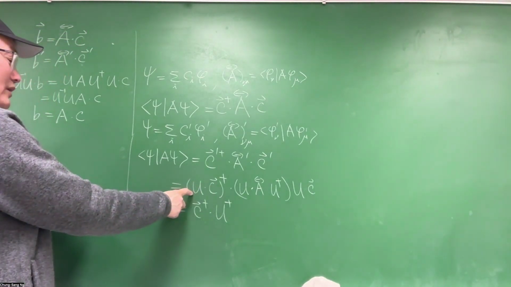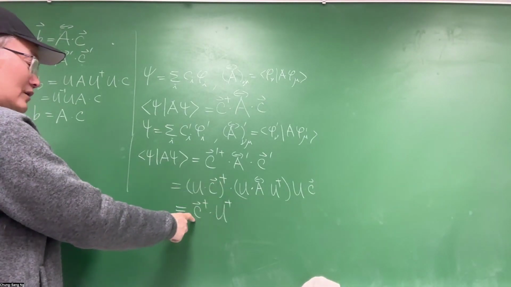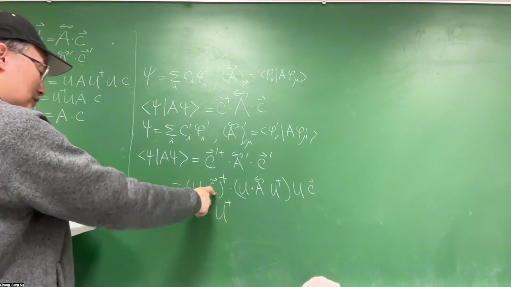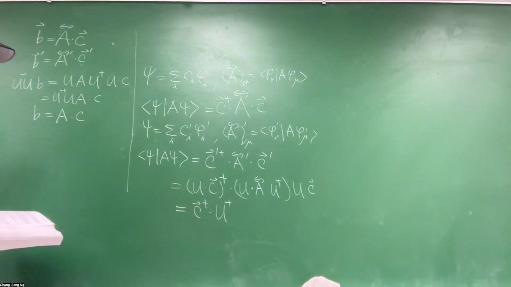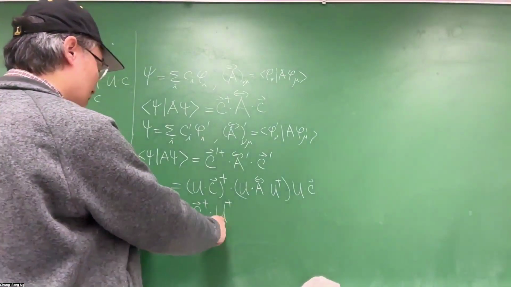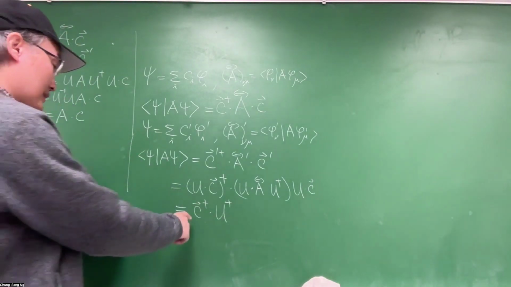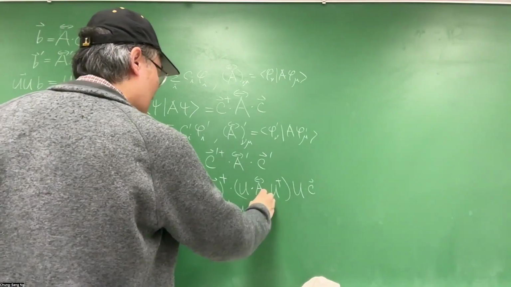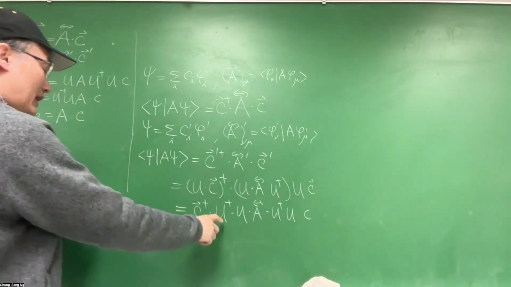This is originally a square matrix dot into the column vector, but if you take the transpose of that, it's the same as this row vector, which is a transpose of C, and then dot into the U dagger, right? And that's just a property of matrix manipulation, and then dot into U, dot into A, dot into U dagger, and U C.